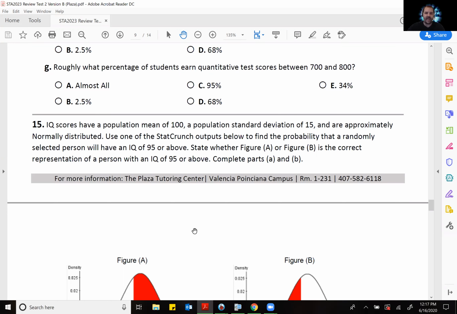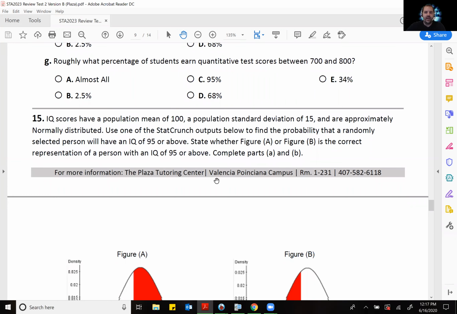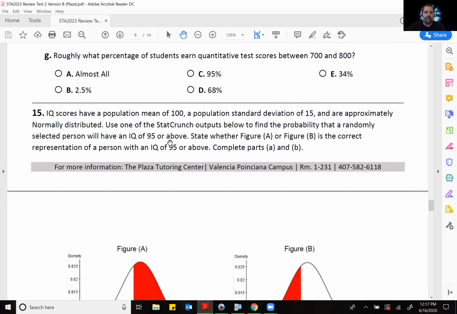Okay, so we use StatCrunch, and they want to find what is the probability when the IQ is 95 or above. So probability when the P is above 95. All right.